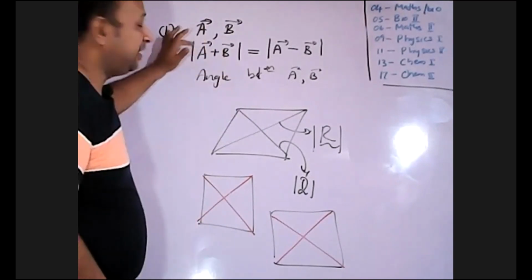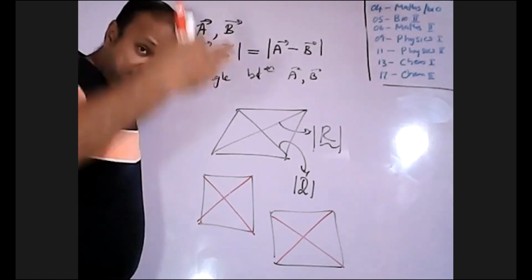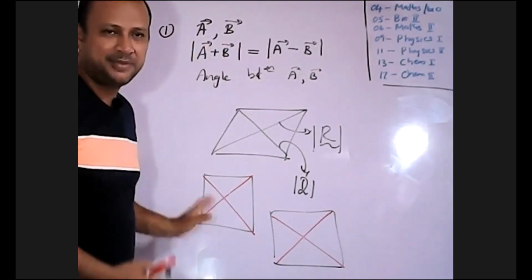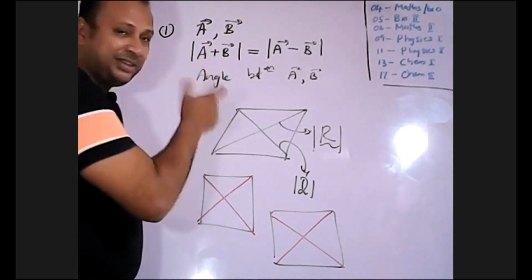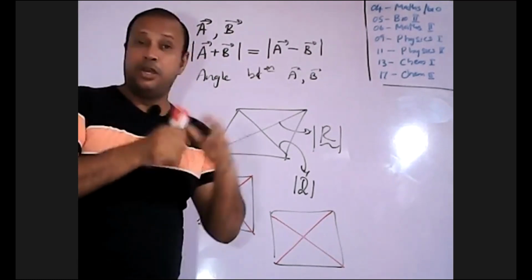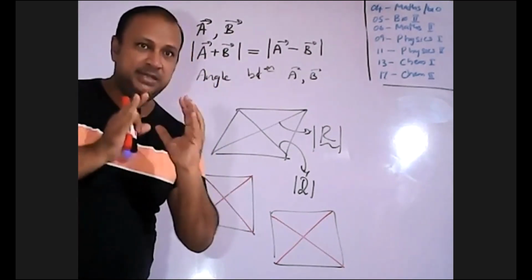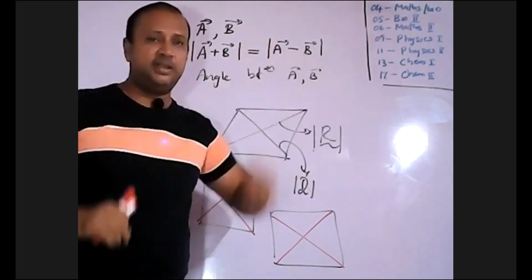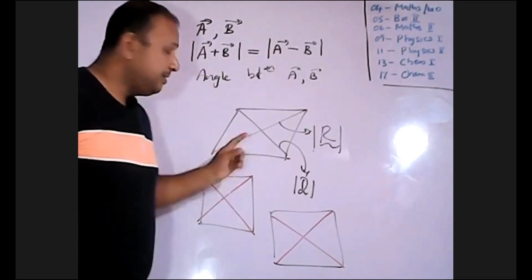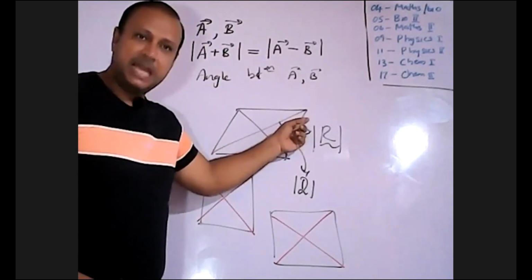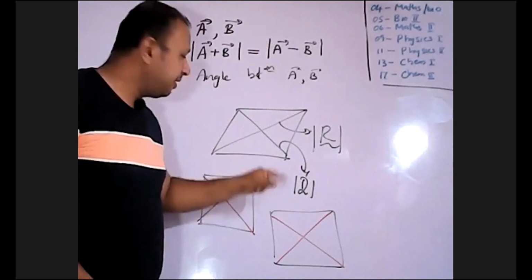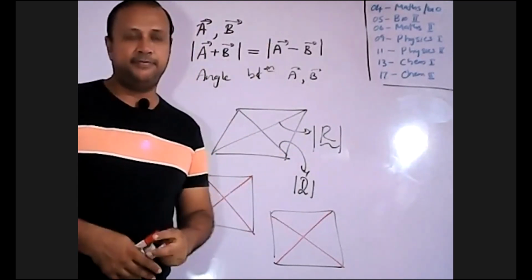Now I have converted this vector relationship into a geometrical relationship. What was in the vector relationship? It is mentioned that the addition vector, that means the resultant, is equal to the difference. I know the resultant can be represented by a diagonal, and the difference also can be represented by a diagonal.